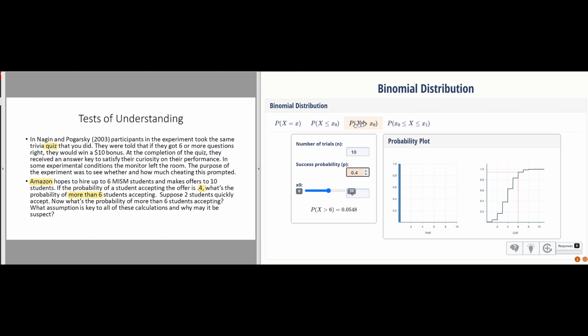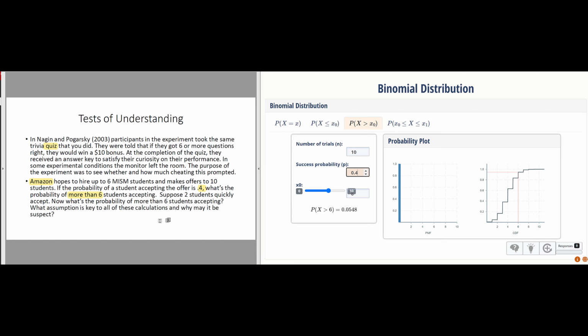We have our test selected correctly. We're asking for the probability that the number of students who accept is greater than 6. All right, and so the probability of that is about 5%.